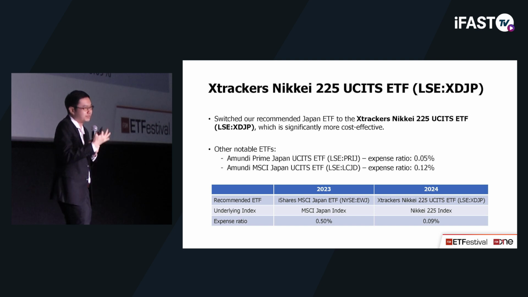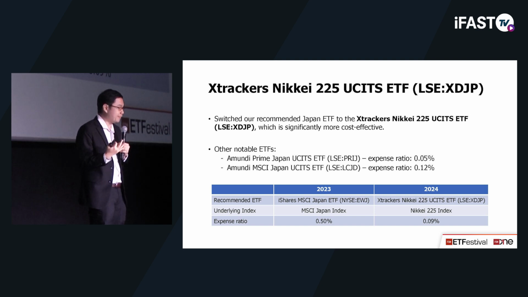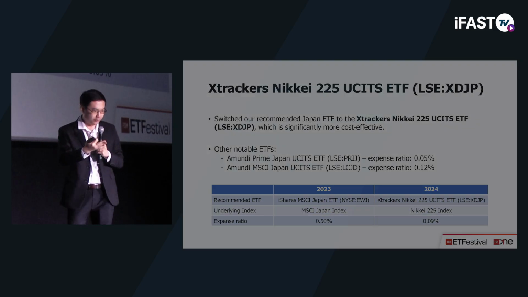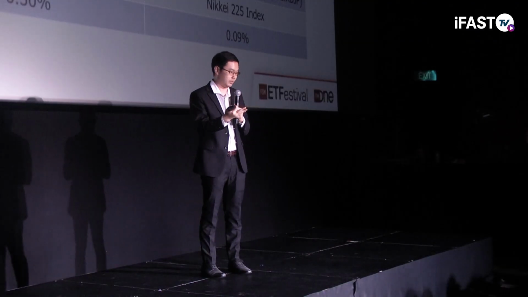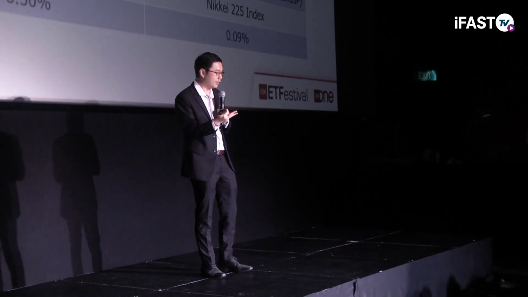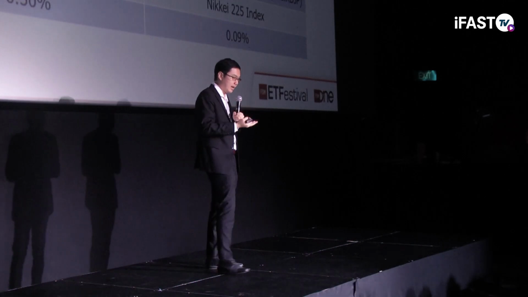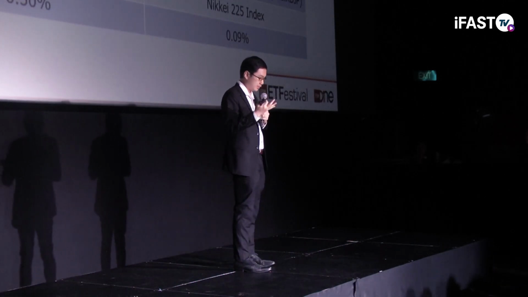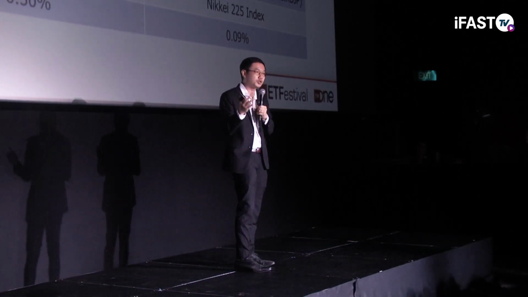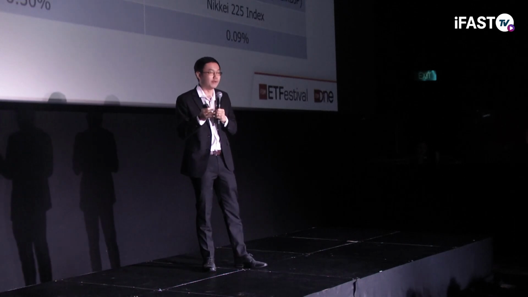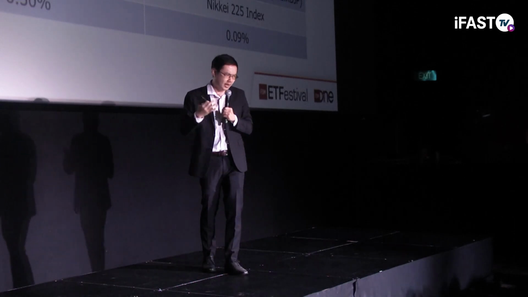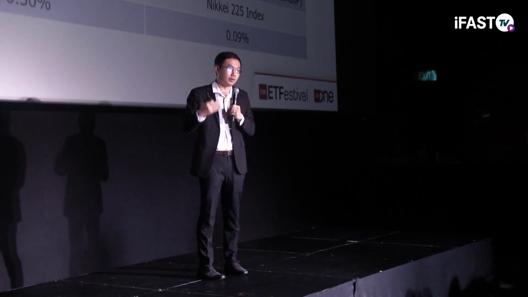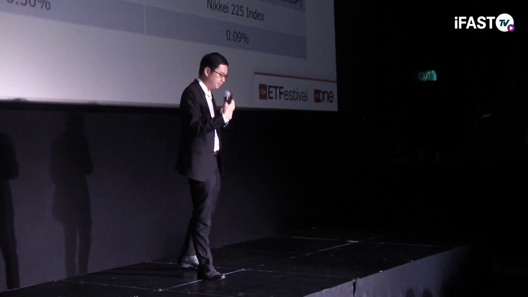So the reason for that is really because the Xtrackers ETF is significantly more cost-effective with an expense ratio of just 0.09%, which is significantly lower than the one by iShares MSCI Japan ETF of about 0.5%. So just by making the switch from iShares to Xtrackers, you can actually save about 0.4% in ongoing annual fees.